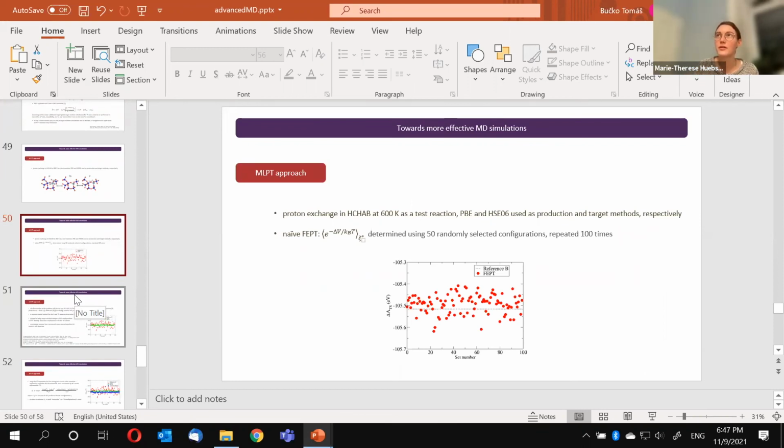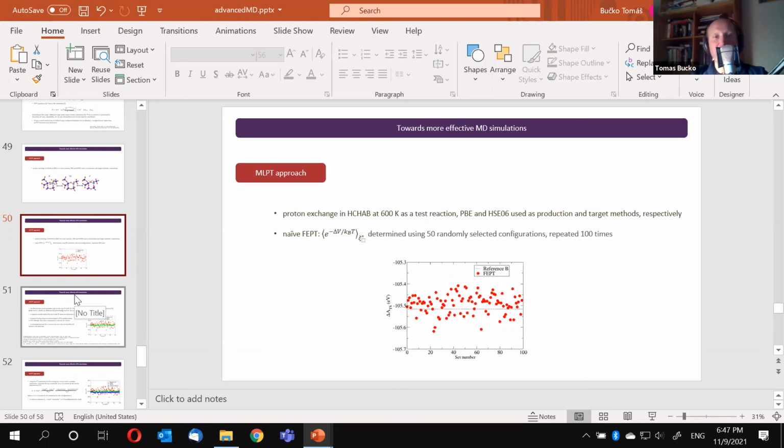Yeah. So we basically work with ensembles of configurations generated at the production level of the method, okay? And in principle, ideally for each and every configuration, you would like to compute delta V. In order to compute delta, you already have energies for the production method because this is in your output from molecular dynamics, so you already have that. But you still need to compute the target method potential energy, right?